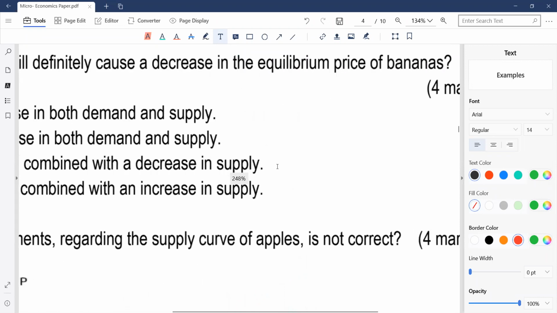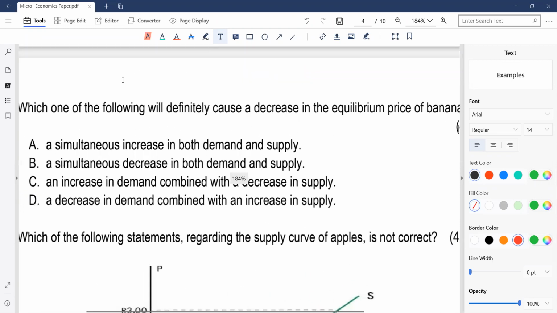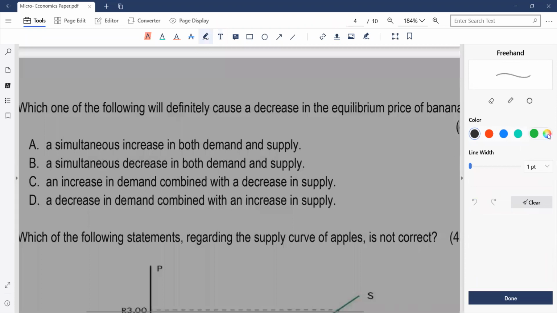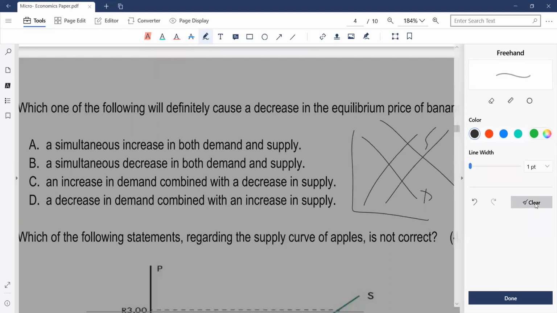I just want to illustrate A to show that A is wrong, because we want something that will definitely decrease the equilibrium price. With an increase in demand and an increase in supply, can you see that the equilibrium price can actually increase? It will not definitely. So that one is out.